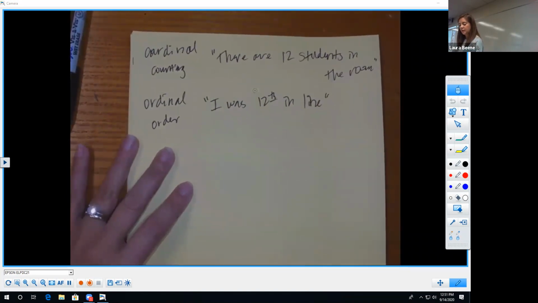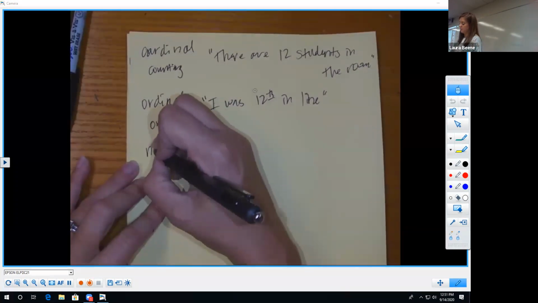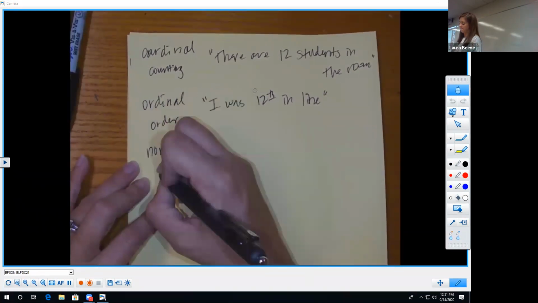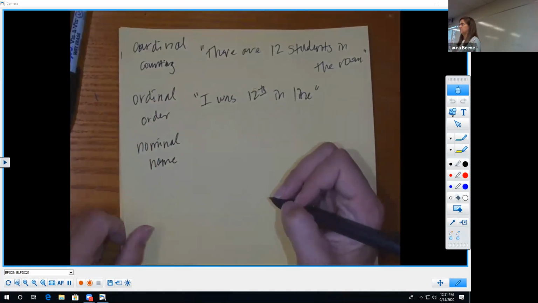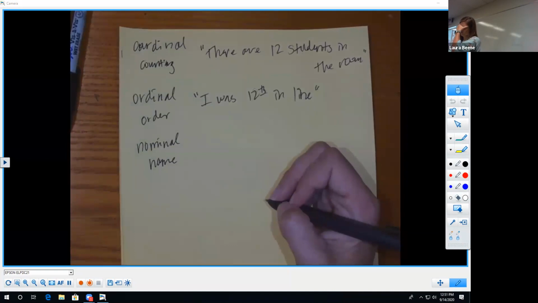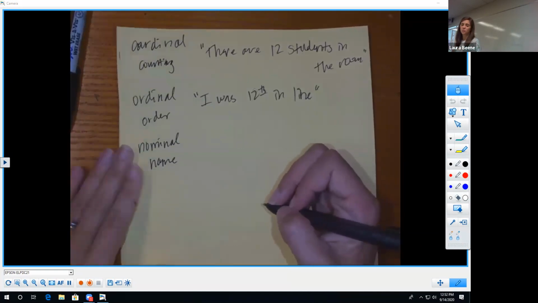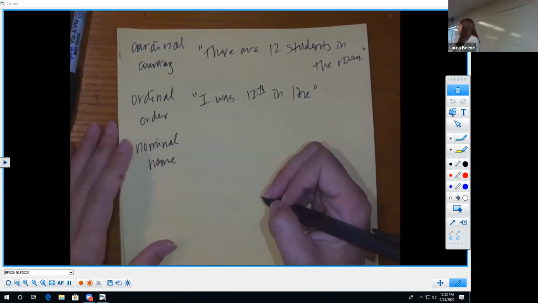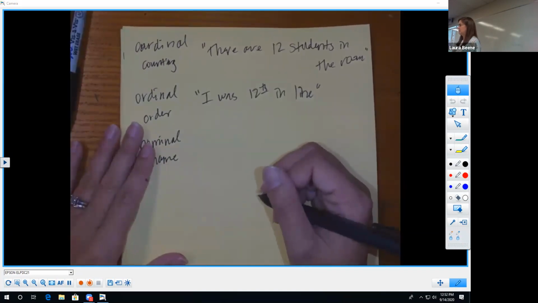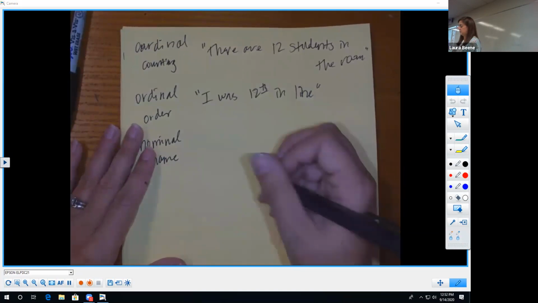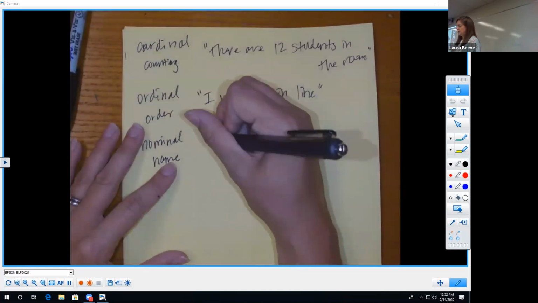And then the other one is nominal. Nominal means name. So you need to use 12 as a name, which is kind of weird. Usually when we use numbers as nominal numbers, they're a bigger number, like an ID number or a phone number or an address. So let's do a Jersey number.